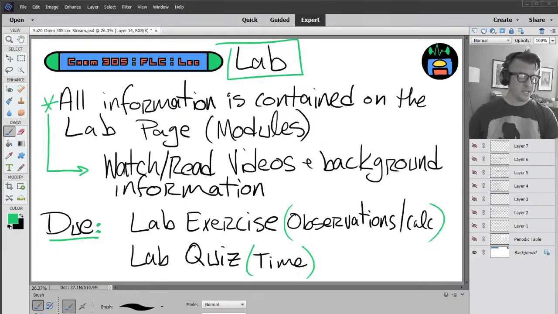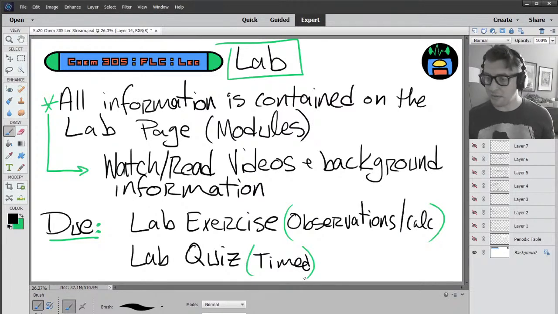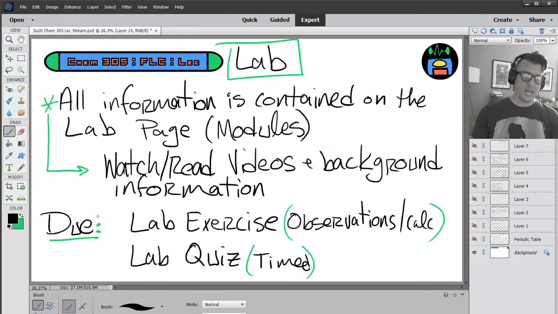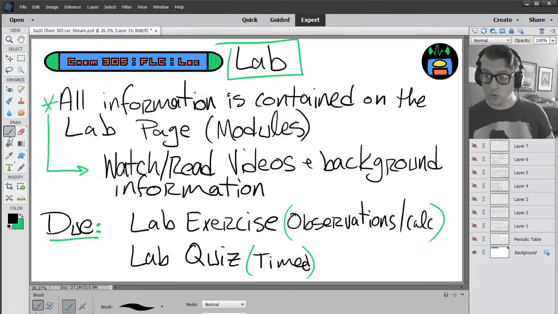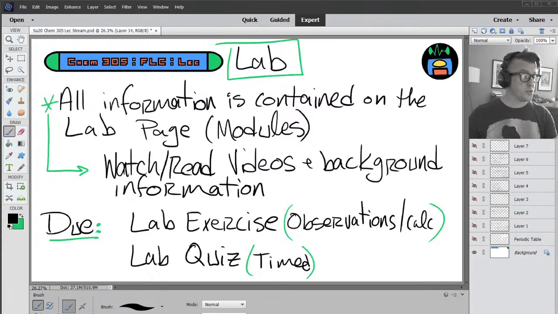The first is the lab exercise, the handwritten calculation part. The second is the lab quiz, a timed quiz that's 30 minutes, 8 to 9 problems. Every lab is worth 10 points: 5 points are the exercise, 5 points are the quiz. So that's how those two things are structured.